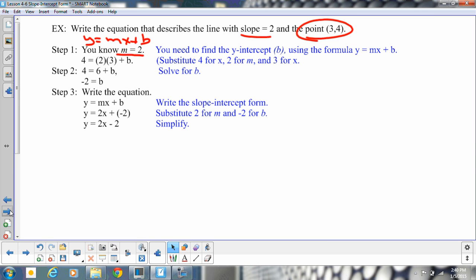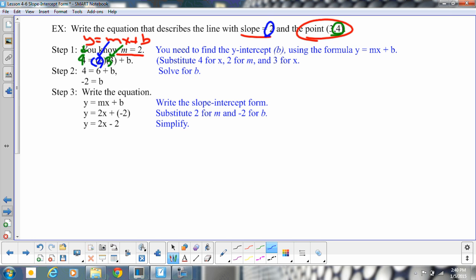Where you see the y, you're going to put in the value for y. So y is 4. I'm going to put the 4 right here underneath the y. And I know that my x is 3, so right below the x, I'm going to put a 3. And I know my slope is 2, so right under m, I'm going to put a 2.